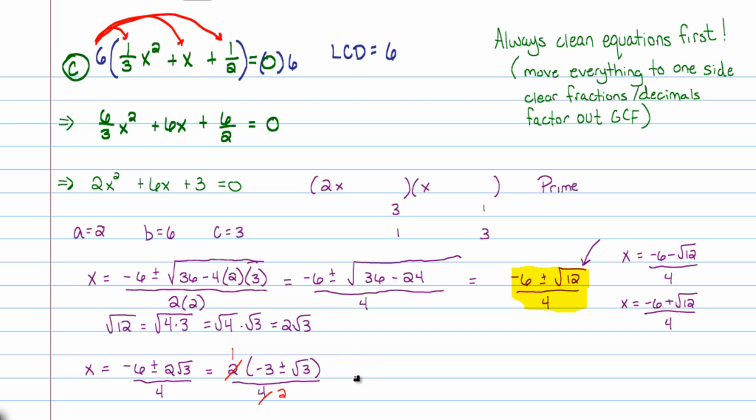So this final answer would actually be just 1 times this numerator, or in other words, just the numerator, all over 2. So there are your two possible answers. Negative 3 plus square root of 3 over 2, and negative 3 minus a square root of 3 all over 2. Both answers are sufficiently correct.